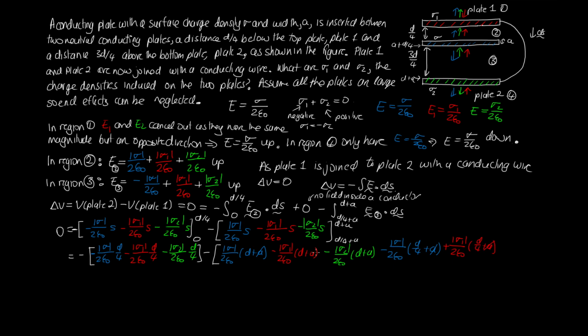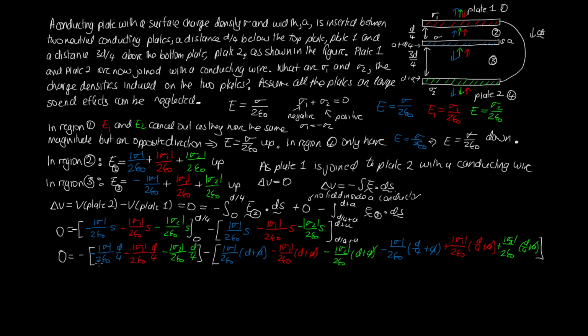And again, the a's cancel each other off. And then finally, we've got plus sigma 2 over 2 epsilon naught d on 4 plus a. Our a's cancel off. And that's that bracket, and this is equal to 0. So let's use that to simplify this now.